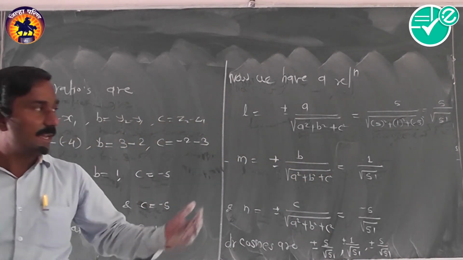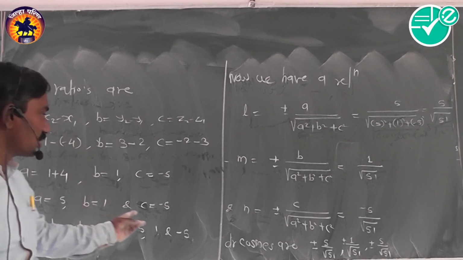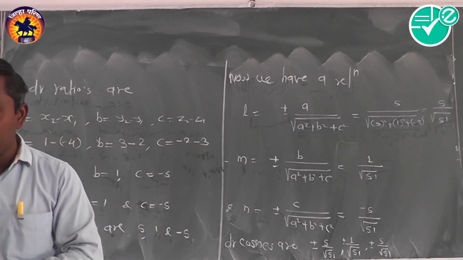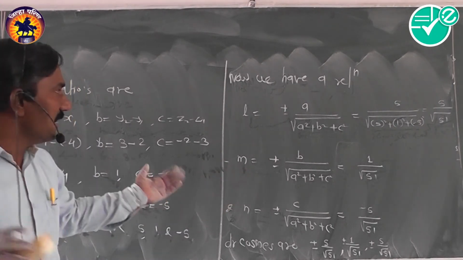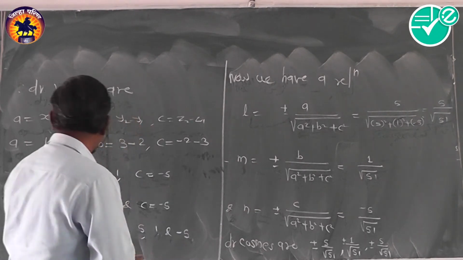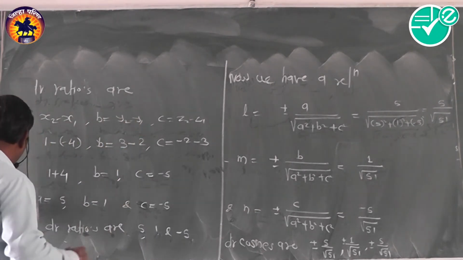So we can find the direction ratios and direction cosines of the line. Like this we can find many examples; we will see more examples shortly.